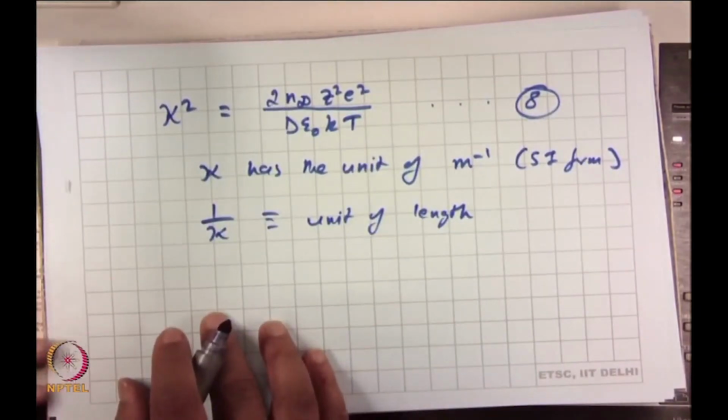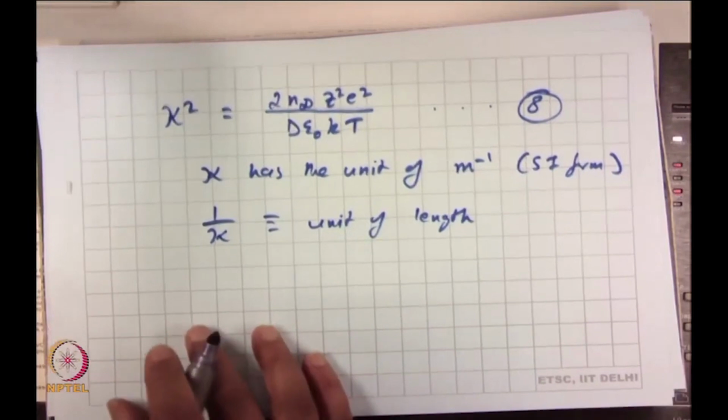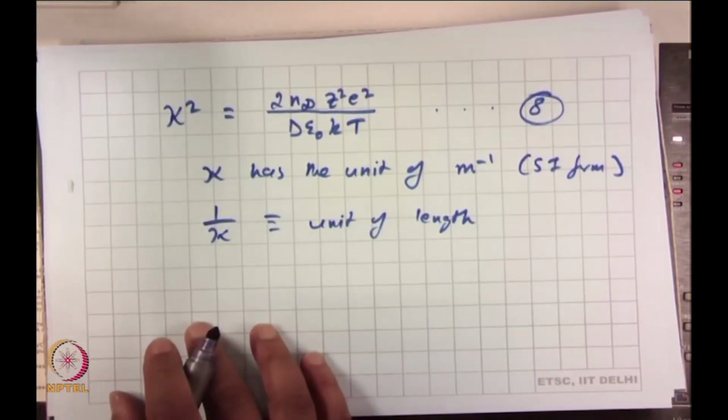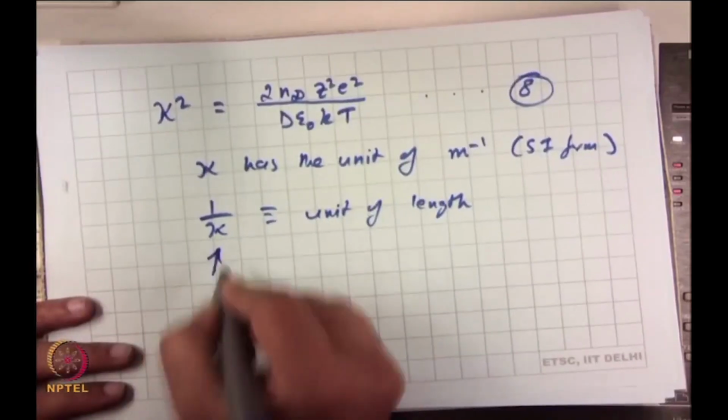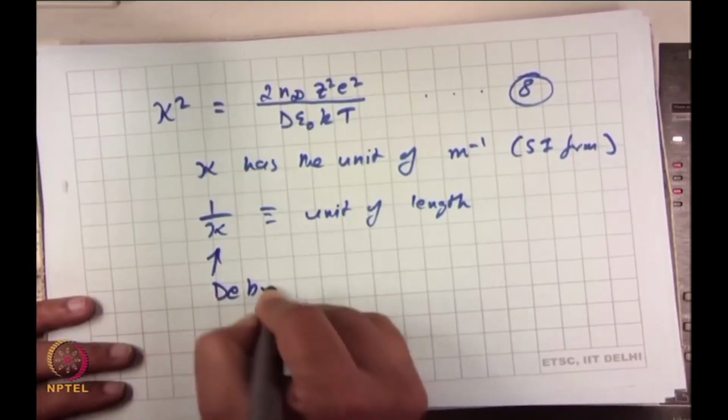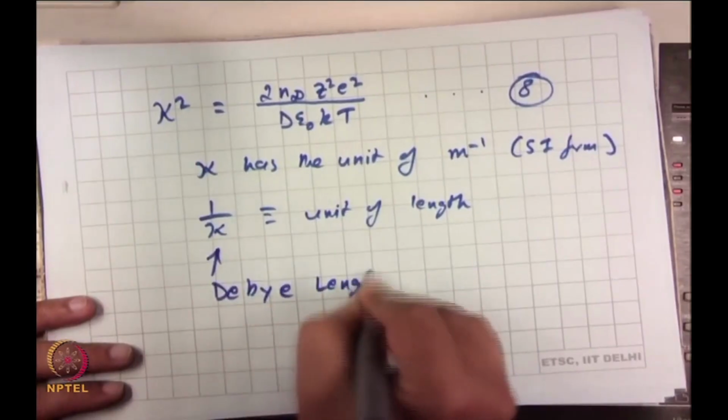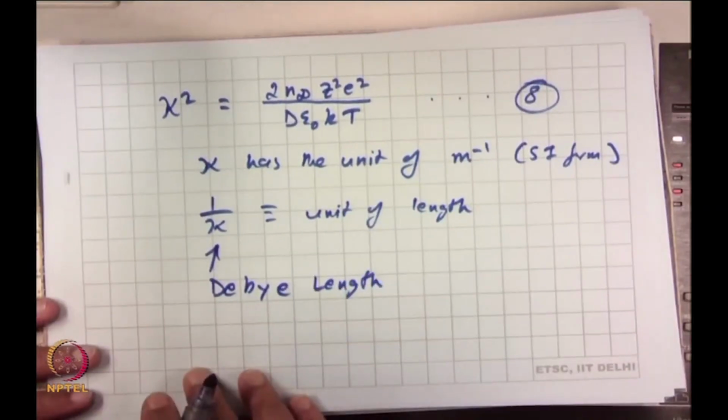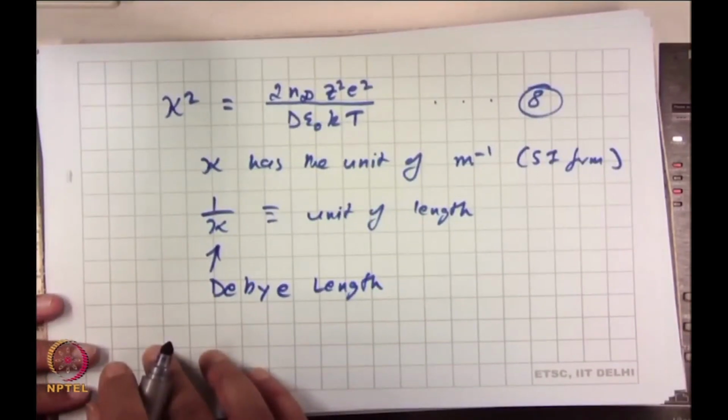So, what do you think is the significance of this unit of length or this 1 by kappa? So, 1 by kappa is referred to as the Debye length. What do you think is the significance of this Debye length?